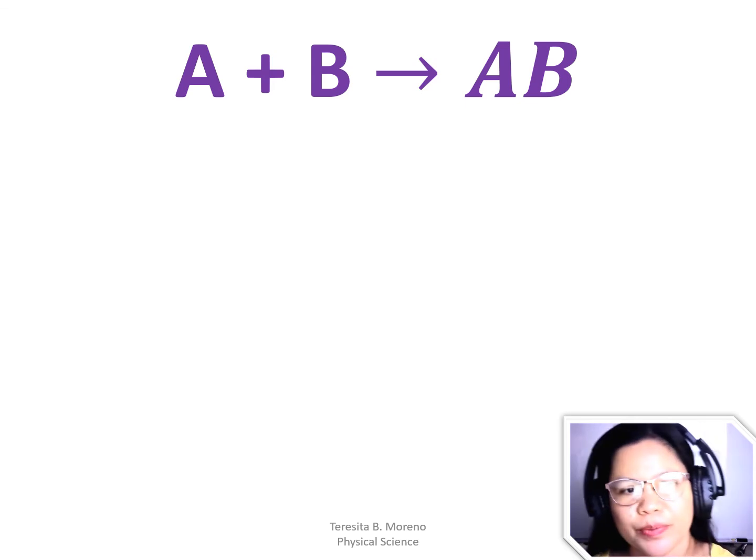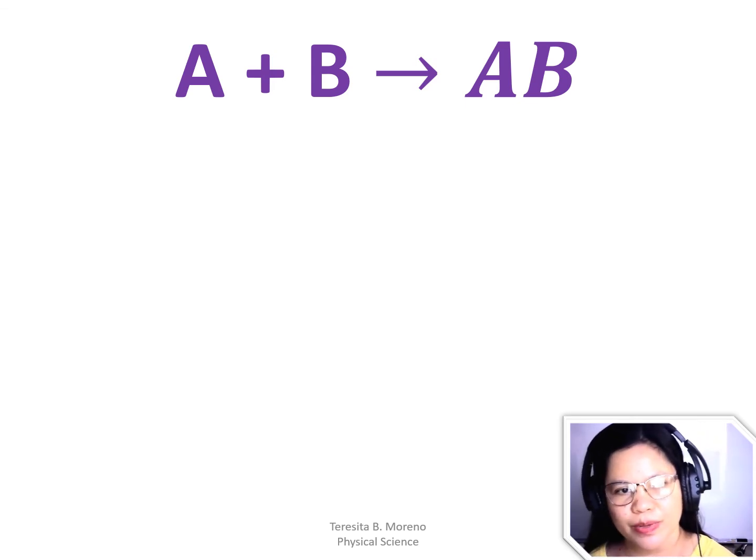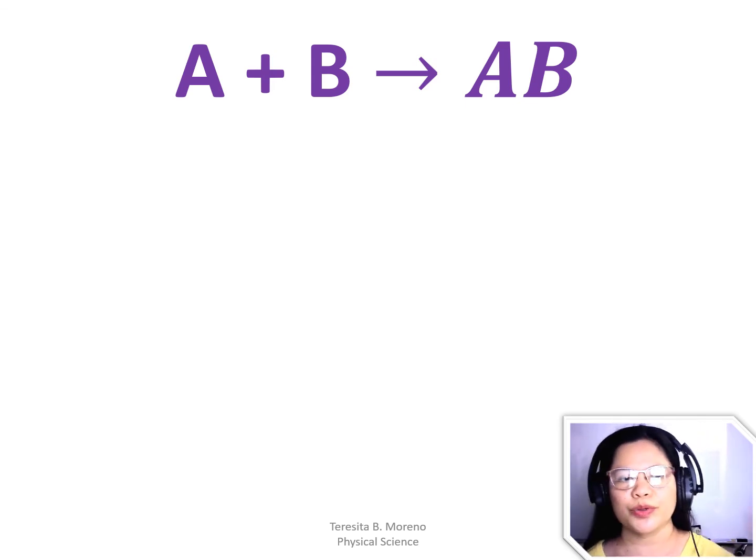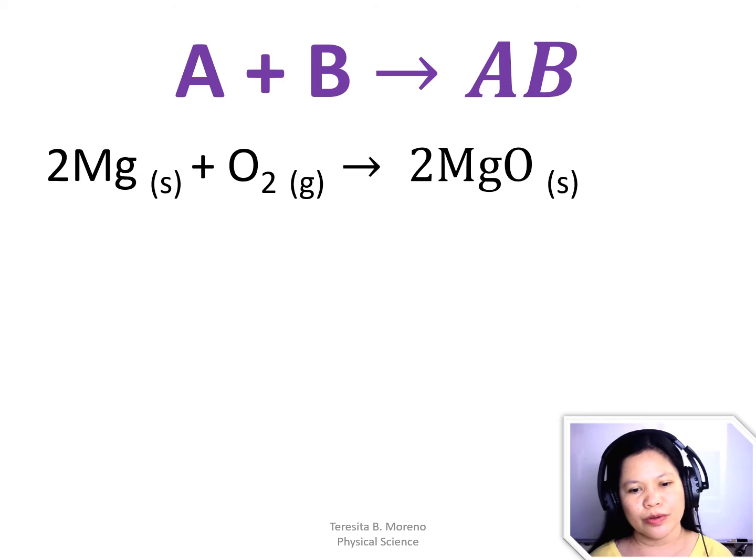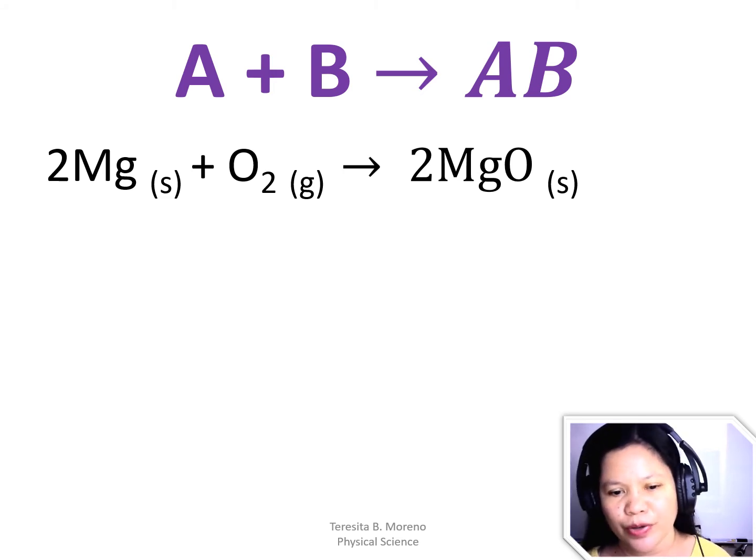Okay, for example, we have A plus B yield into AB. First example, you have two molecules of magnesium plus oxygen gas yield into two molecules of magnesium oxide. Now, if you notice, you have already a coefficient of 2.